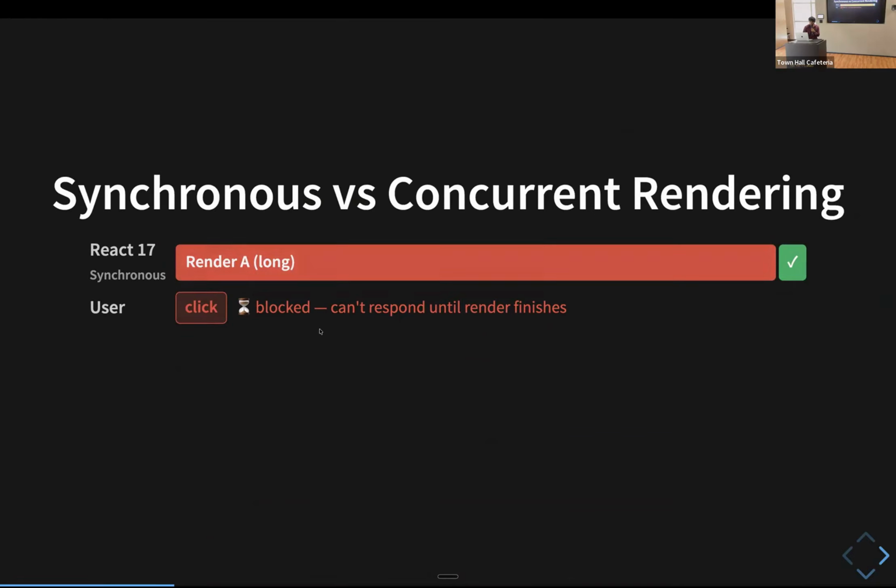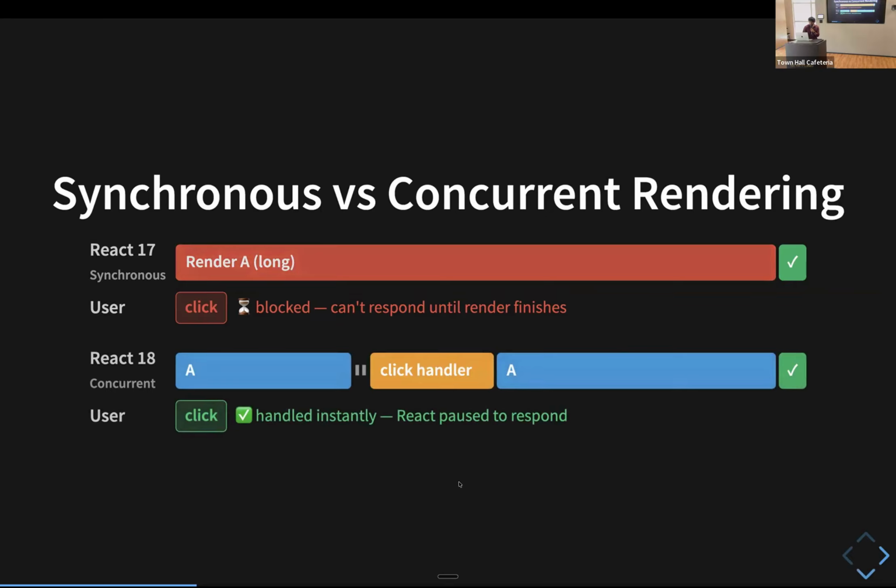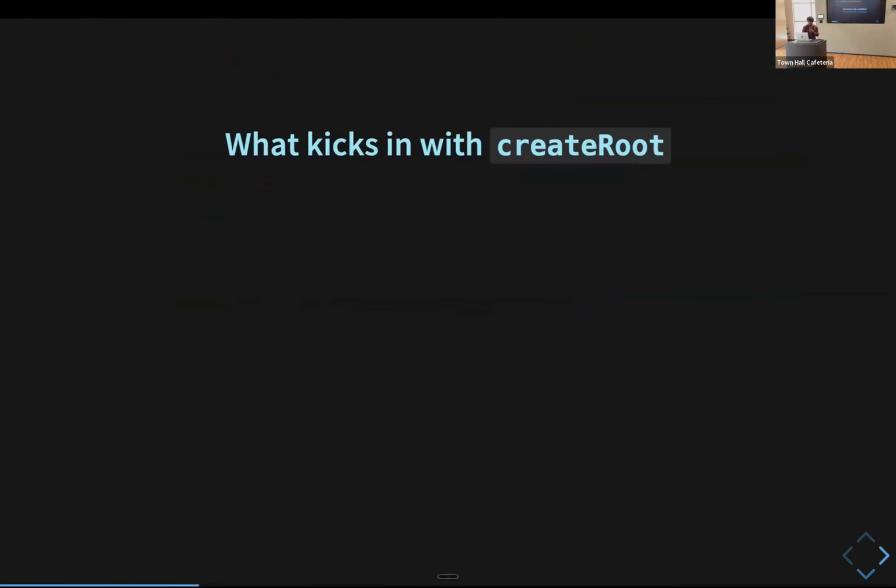Your events are handled at the very end. But with React 18 in concurrent mode, the click handlers and typed inputs get prioritized, and the rendering process is paused in between to give priority to these high priority things. So your app remains more responsive and users get better performance.